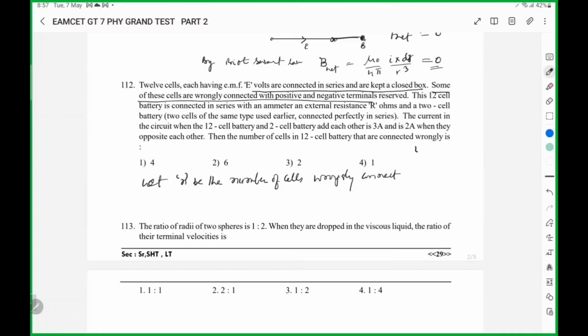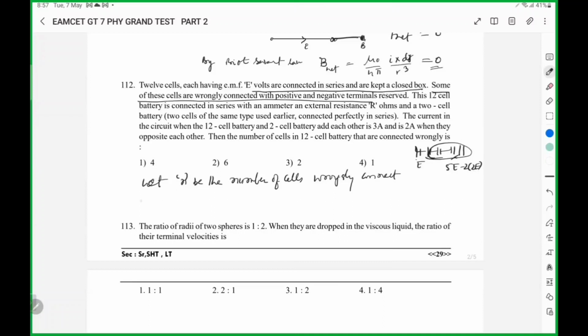For example, there are 5 cells. 2 of them are wrongly connected. This gets cancelled, and only the net EMF is E. So 2 of them are wrongly connected: 5E minus 2 times 2E we write.